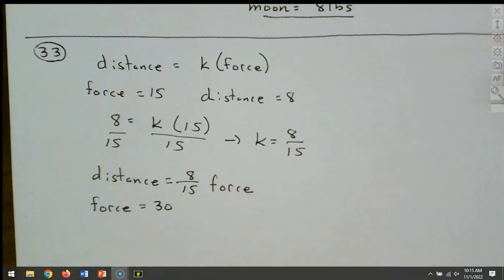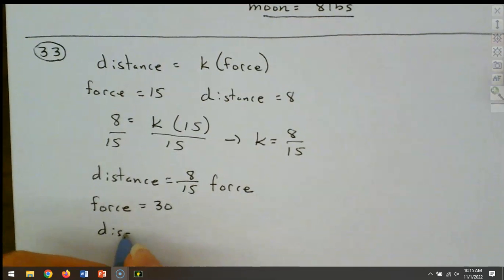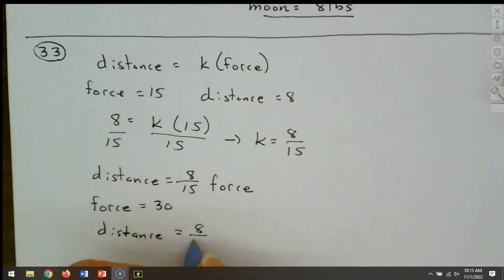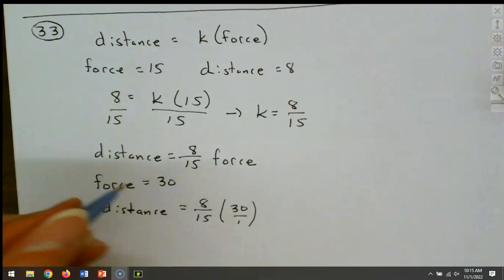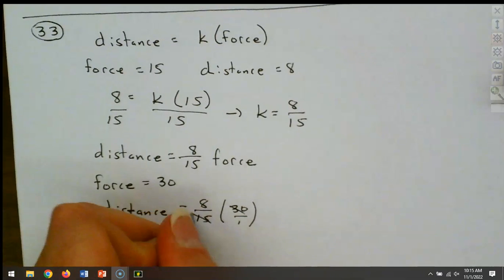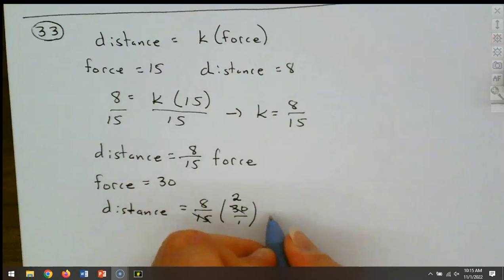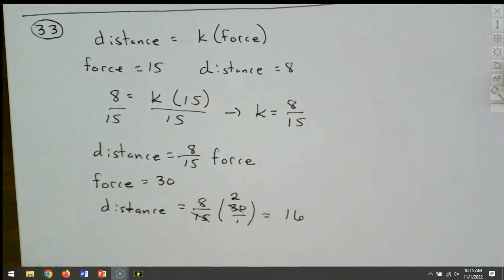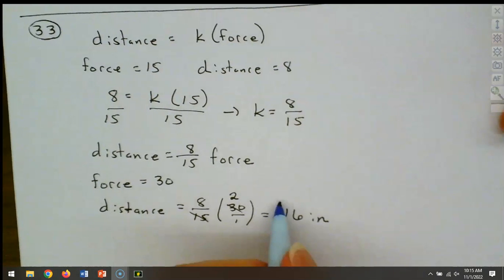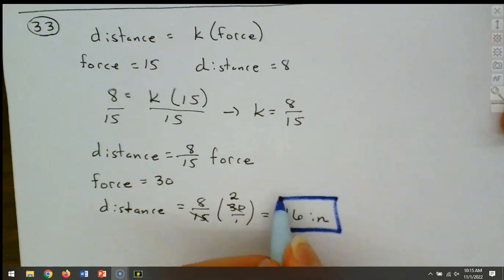So we plug it in. And the distance is going to be 8 over 15 times 30. I'll make that 30 over 1. So you can see what happens pretty easily here. 30 and 15 cancel. That leaves you with a 2. And so that comes out to be 16. And that spring is going to stretch 16 inches.